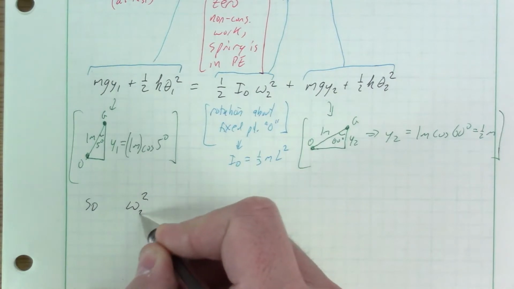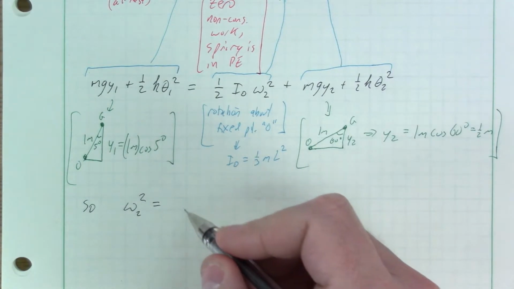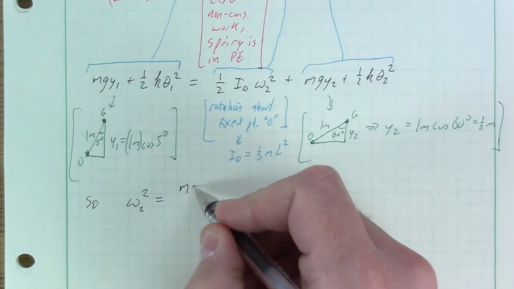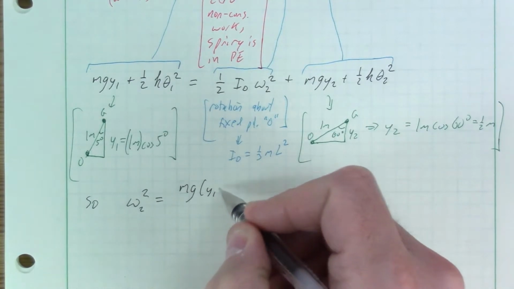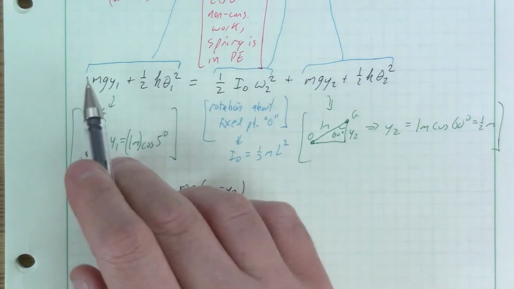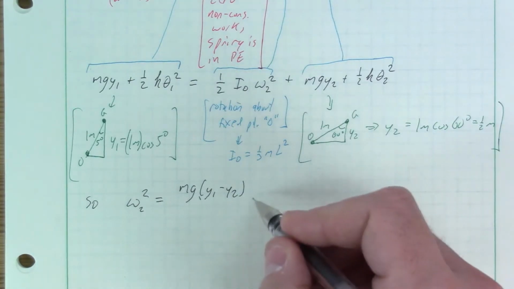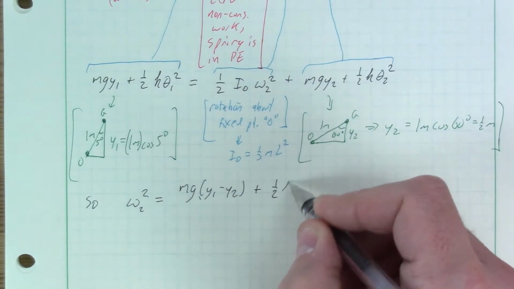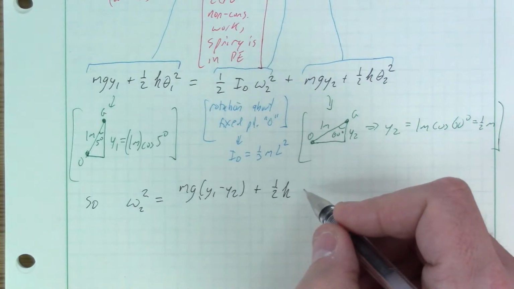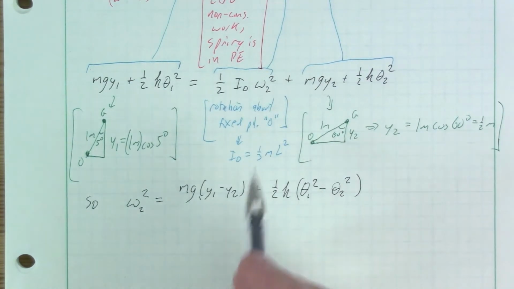So omega squared at state 2 is going to be, let's see, we'll pull the gravitational terms together: mg(y1 minus y2), because we have to pull it to the left-hand side, right? We're solving for this, so pull everything to the left and then flip the whole equation around. mg(y1 minus y2) plus, put the spring potential energy terms together, 1/2 k(theta 1 squared minus theta 2 squared). And that's all the terms.